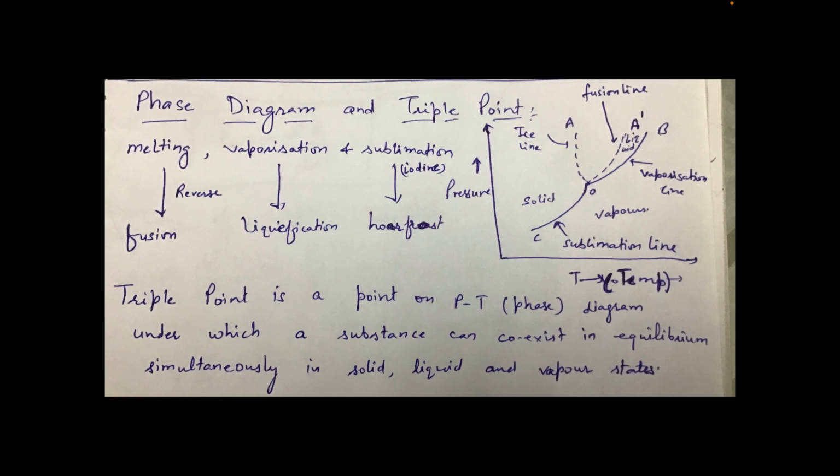When ice melts and converts into water, its volume decreases. So this is the exceptional case. Next phenomenon is vaporization, that is a process in which the substance changes its state from liquid to vapor.